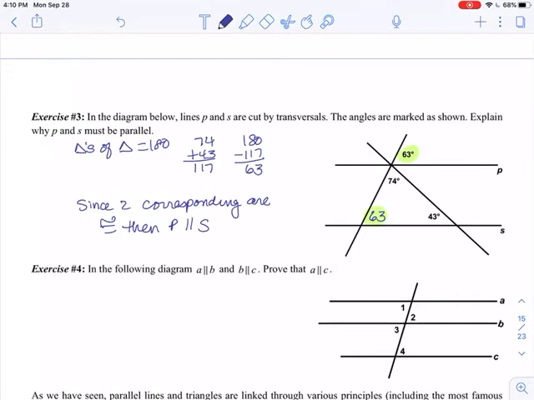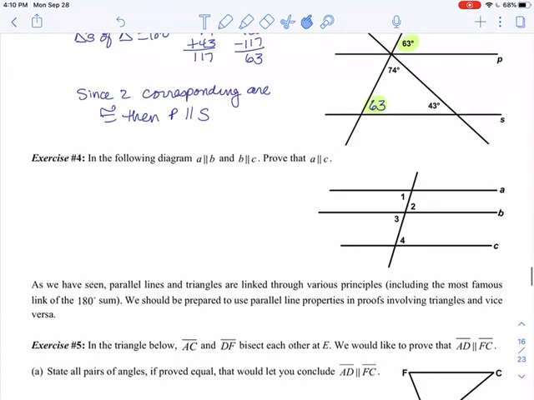All right, in exercise 4, I know that A is parallel to B and B is parallel to C. I want to prove that A is parallel to C. And I numbered the angles there to help us out. If A is parallel to B, then what do you know about angle 1 and angle 2? Think about what kind of angles those are.